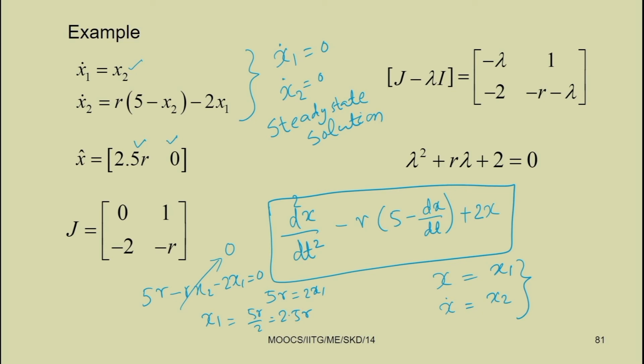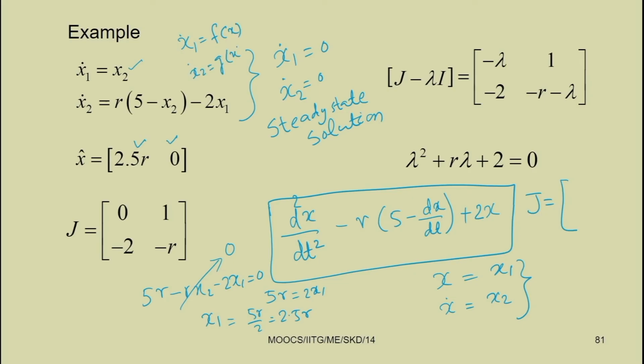Now we have to find the Jacobian. So, how to find the Jacobian? Our equation is x1 dot equal to x2. Let the first equation be x1 dot equal to f(x) and x2 dot equal to g(x).